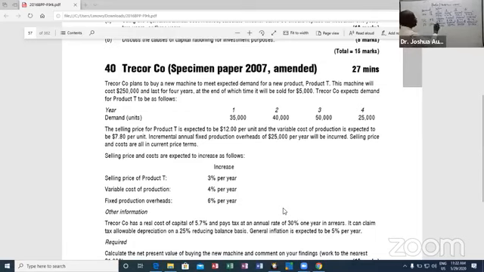Year number 2 will be able to sell 40,000 units. How about year 3? Year 3, ladies and gentlemen, we are going to sell 50,000 units. Year 4, we're going to sell 25,000 units, like that.